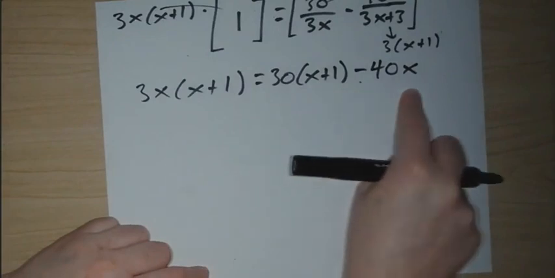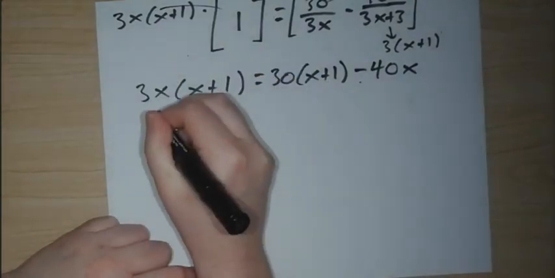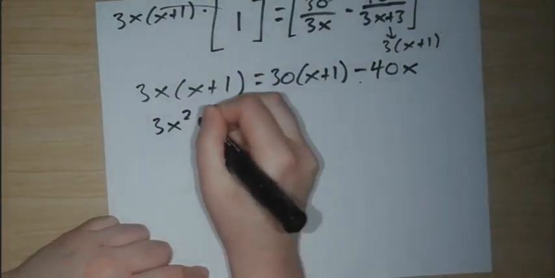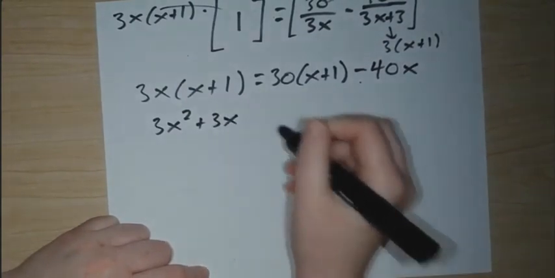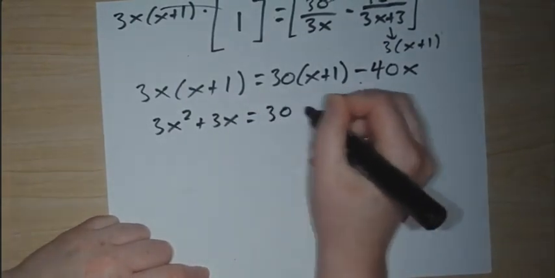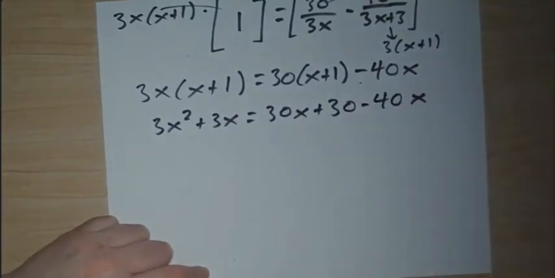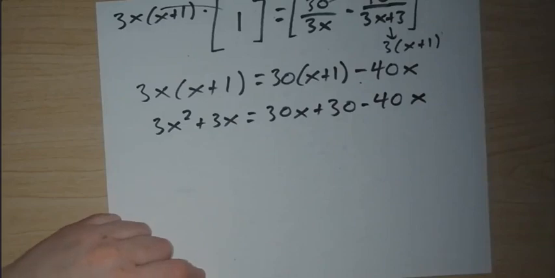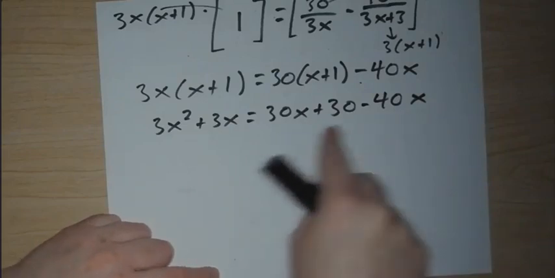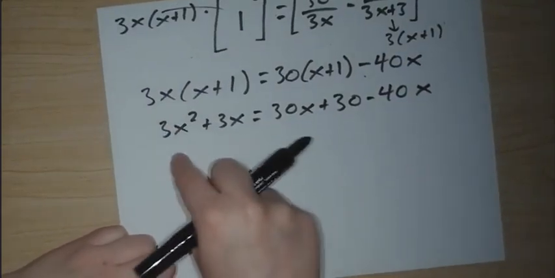Continuing to simplify and distribute, we have 3x squared plus 3x on the left side. On the right side, we have 30x plus 30 minus 40x. And I'm going to move everything over and simplify to the left side.